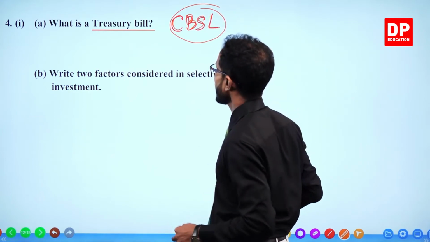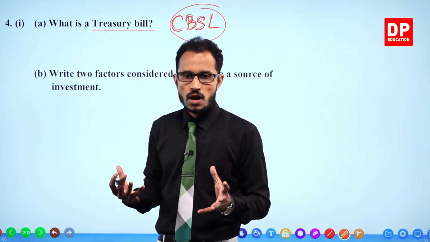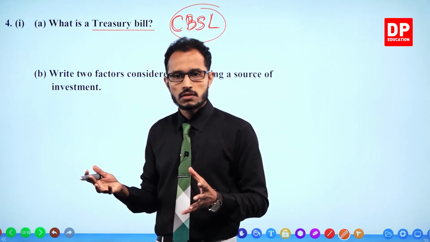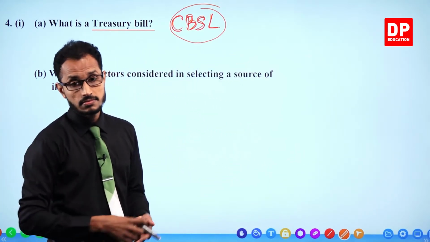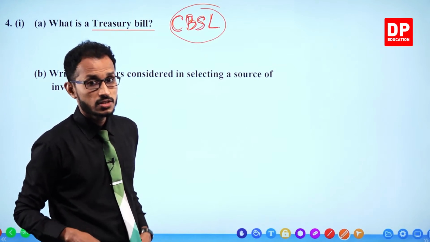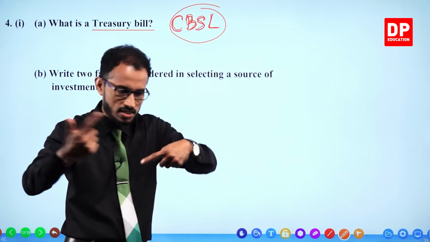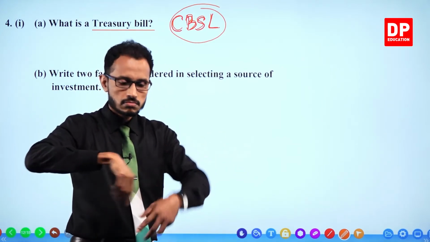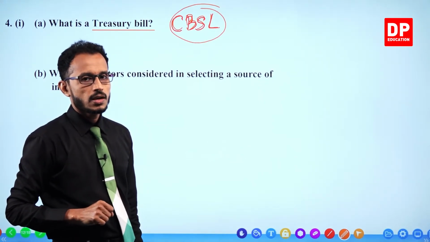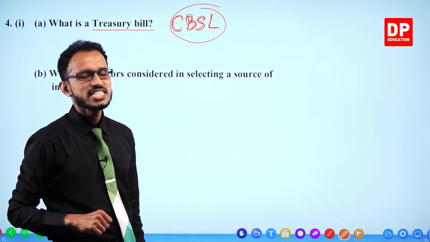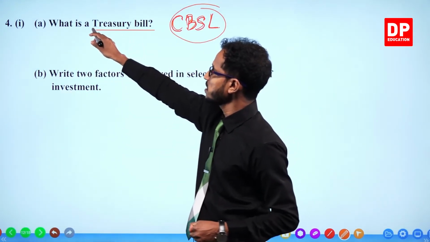CBSL, Central Bank of Sri Lanka, issues the treasury bills. On behalf of whom? For whom? Why? Because the government needs money. Government needs to collect some bucks. This is a short-term financial instrument.